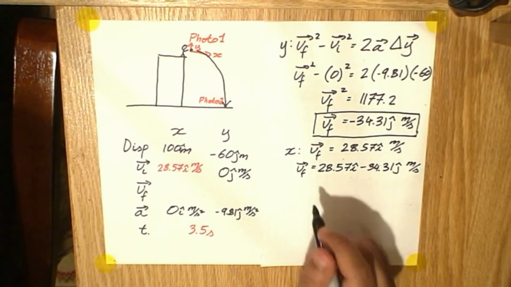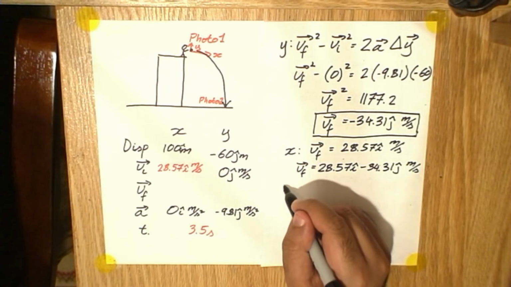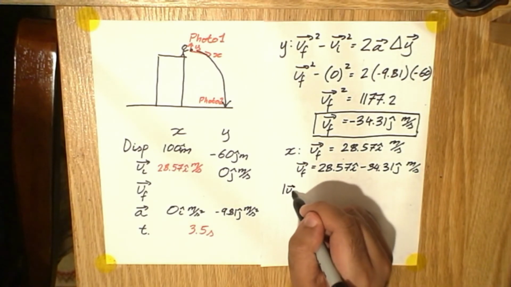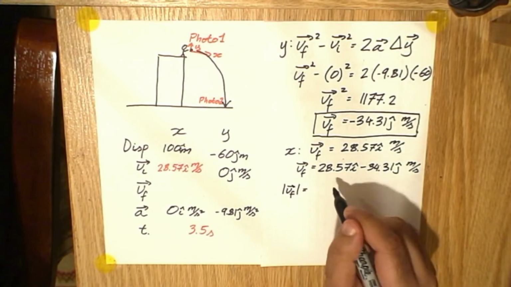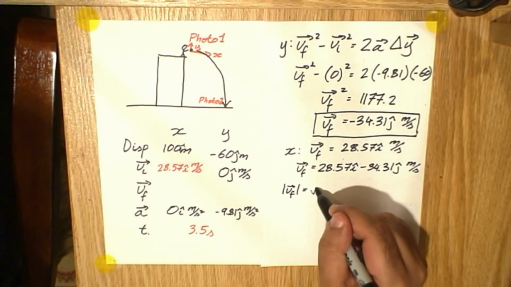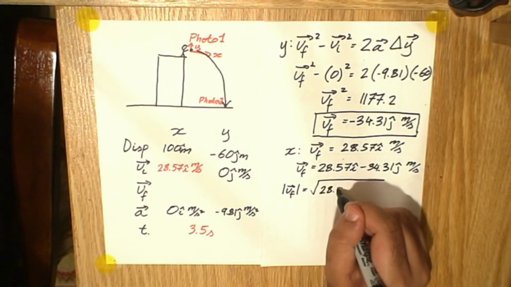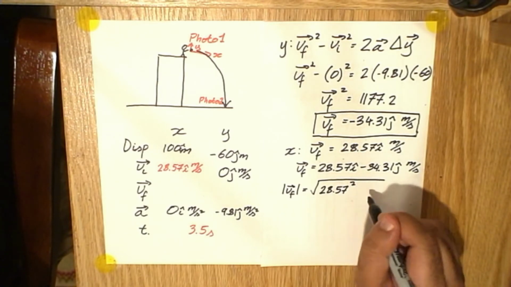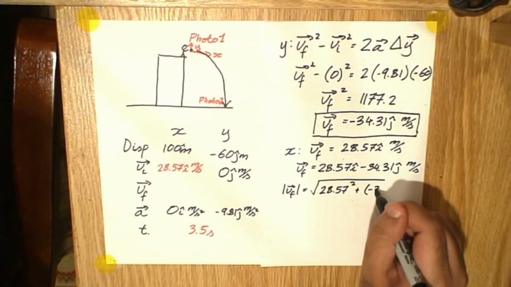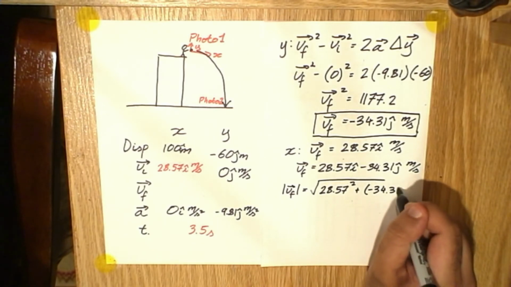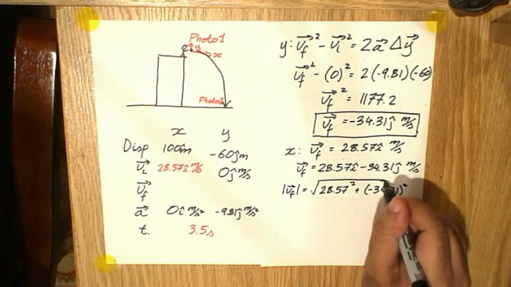So we start by finding out what is the size of this final velocity. We do that by applying Pythagorean theorem. So you take the square root of 28.57 squared plus negative 34.31 squared.